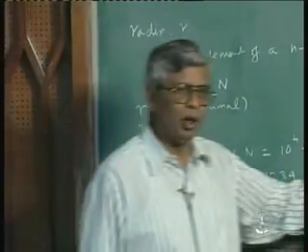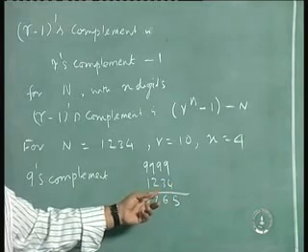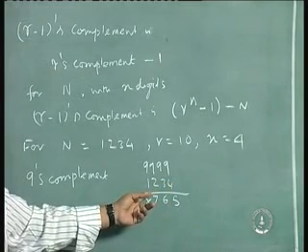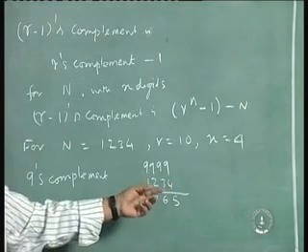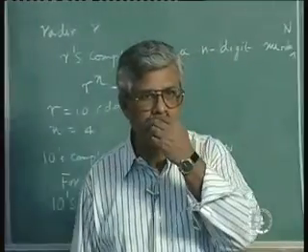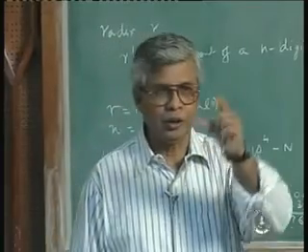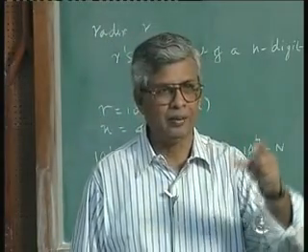Here there is no such borrow condition, because the maximum value of any of these digits is 9, and this is 9999. I am going to subtract any number, and each of the digits cannot be more than 9. So all I have to do is a simple subtraction, digit by digit.